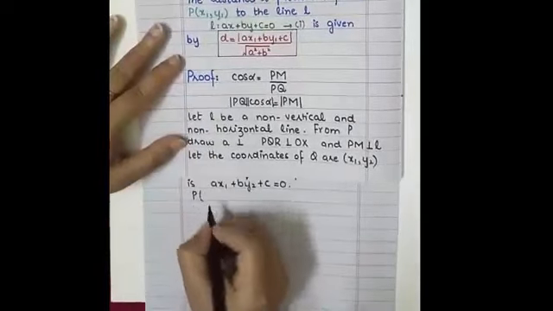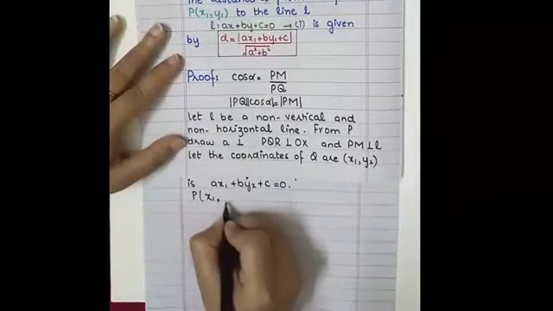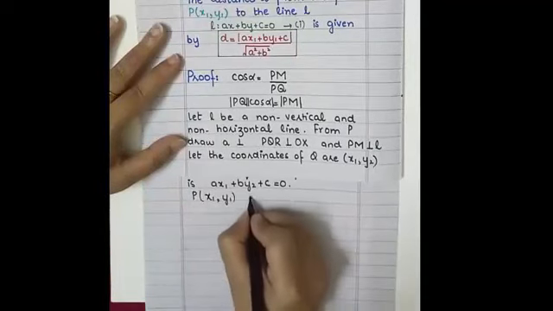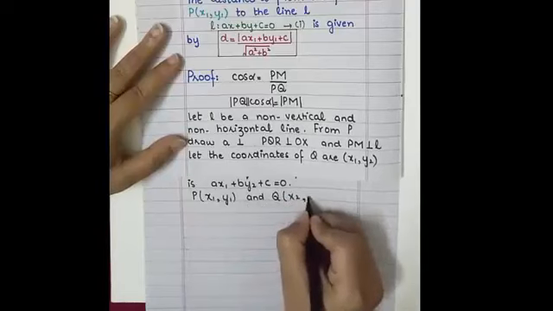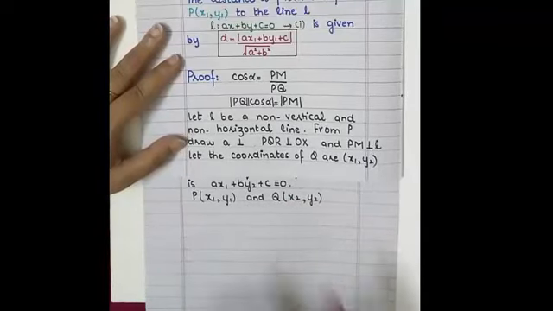We have the coordinates P (x1, y1) and Q (x2, y2).